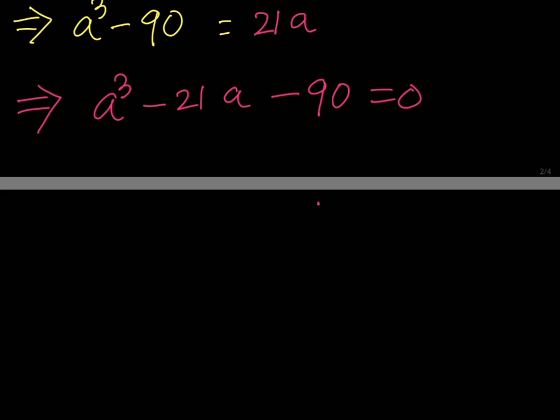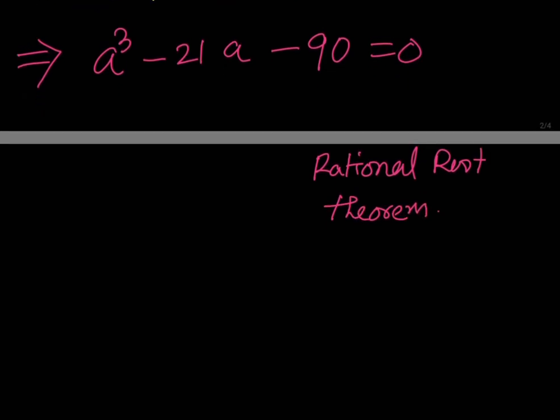Now by the rational root theorem, possible roots will be divisors of 90. So what are the divisors? That is plus minus 1, plus minus 2, plus minus 3, and so on.